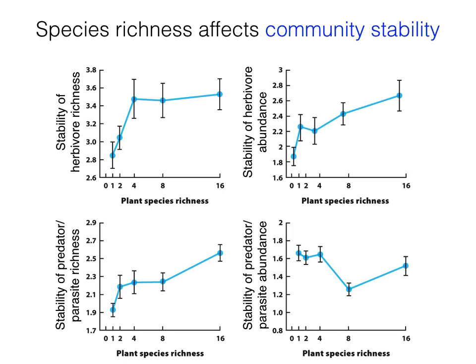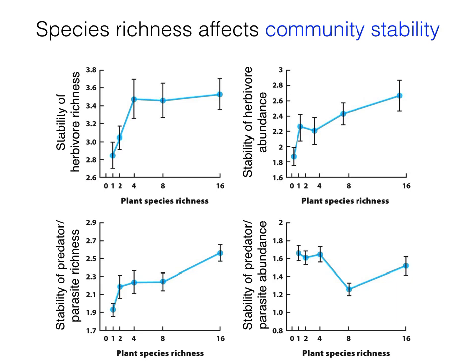So this suggests that plant species richness was tremendously important for maintaining the stability of these herbivore communities in these prairie systems. On the bottom, predator and parasitoid stability was also measured, both in terms of richness and abundance. An increase in the diversity of plants also caused greater stability of richness of the predators and parasitoids, but it had no effect on the stability of abundance.